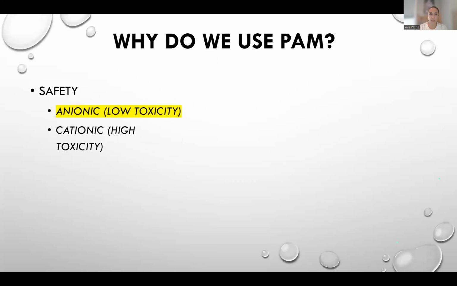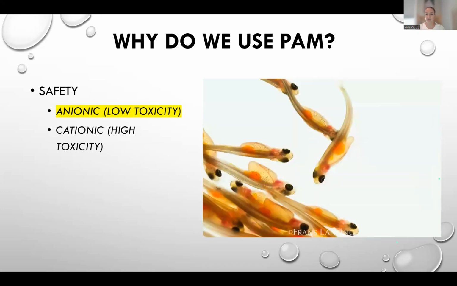So why we use polyacrylamide: as we discussed last time, there are lots of different types of flocculants and chemical treatments. The most widely used one for what I like to refer to as passive treatment is polyacrylamide. That's the use of these materials when gravity flows or on the soil, or maybe we use pumps, but we're really doing these as a passive application of these materials and letting them do the work. The reason we use polyacrylamide in those types of treatments is, one, because it's very, very safe for aquatic organisms.